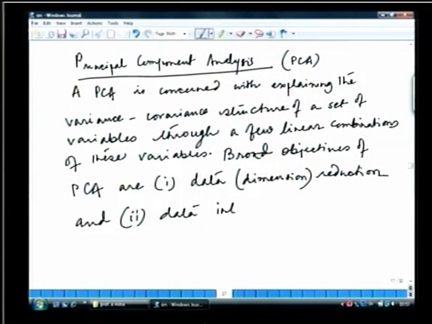Now, in between there are many things before we can correctly interpret the data, so we will look into all these aspects. These are the two broad objectives, but in between there are many other analyses that will help us. Besides, PCA also in time reveals some interesting relationships among the p variables which were not apparent otherwise.